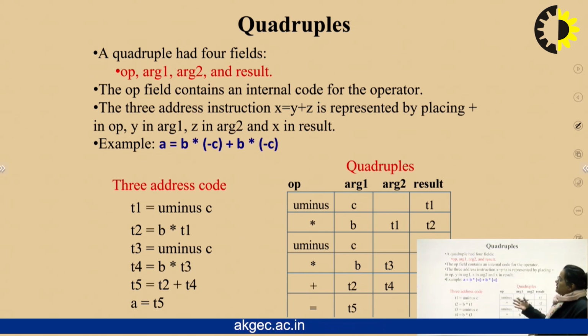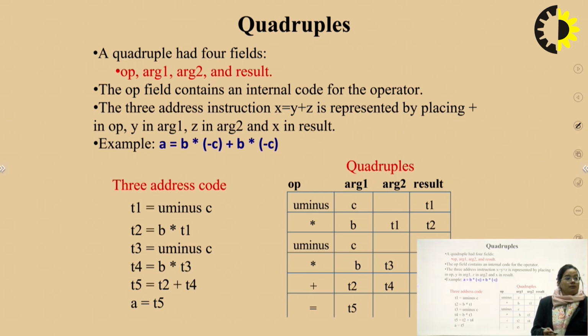Okay. Suppose there is a three address statement x equals y plus z. It is represented by placing the plus operator in the operator field, y in argument 1, z in argument 2, and x in result.